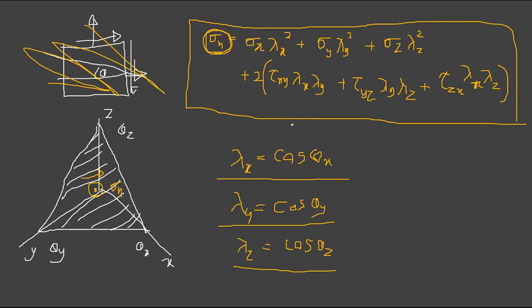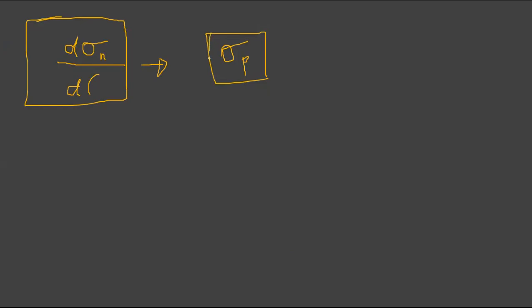What we need to do is find the plane where we only have sigma p, and that would be the critical value. The plane where shear stresses are zero is called the principal plane, where you have the principal normal stresses.